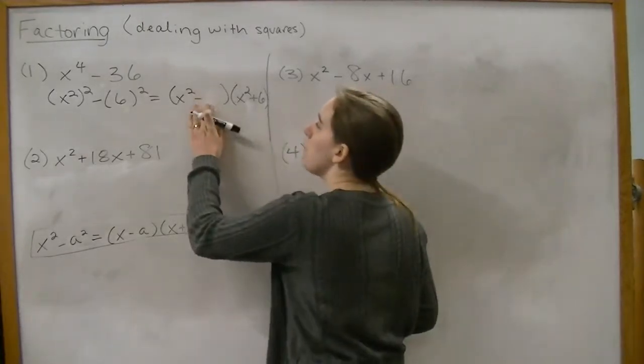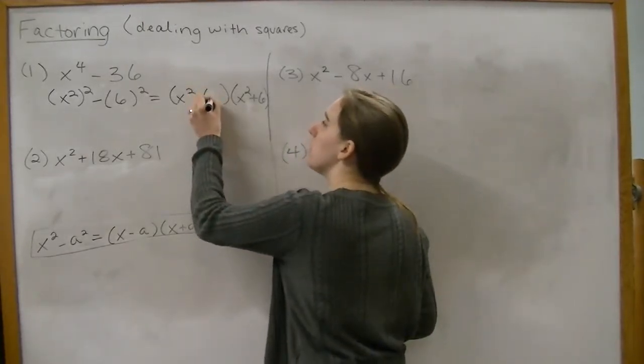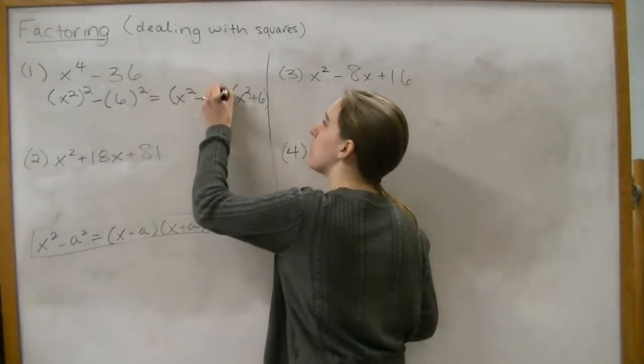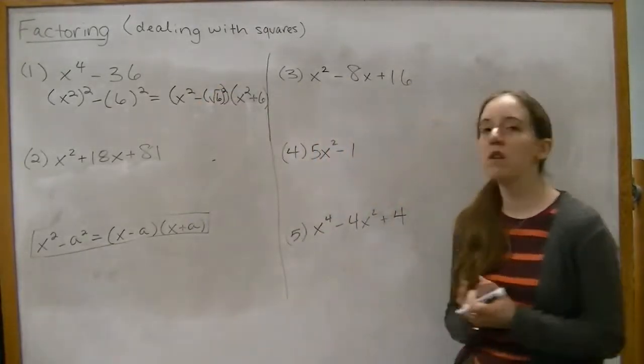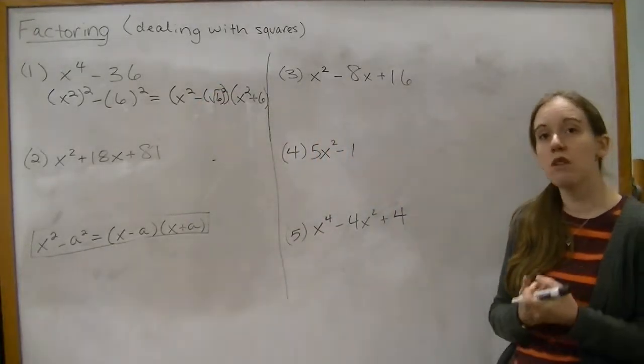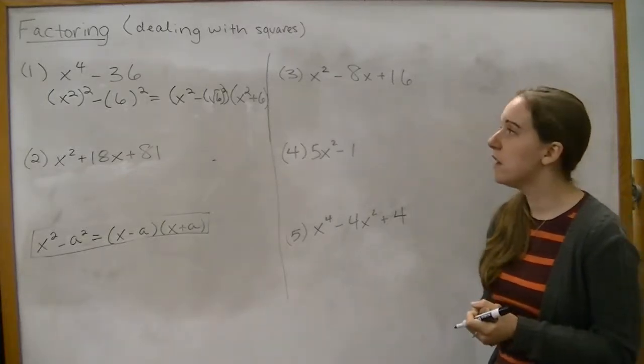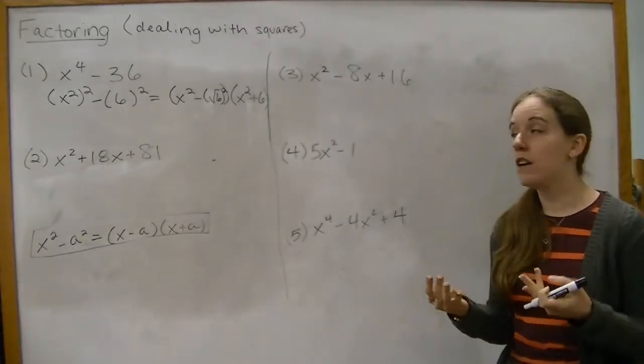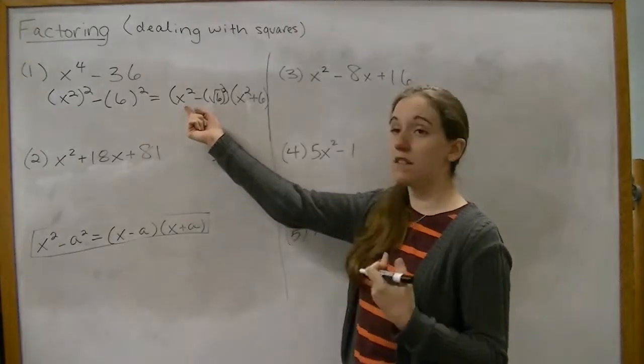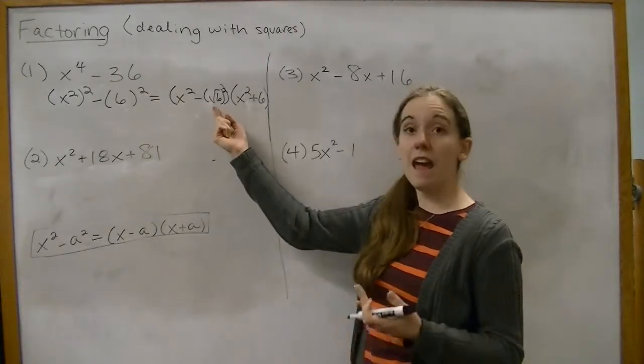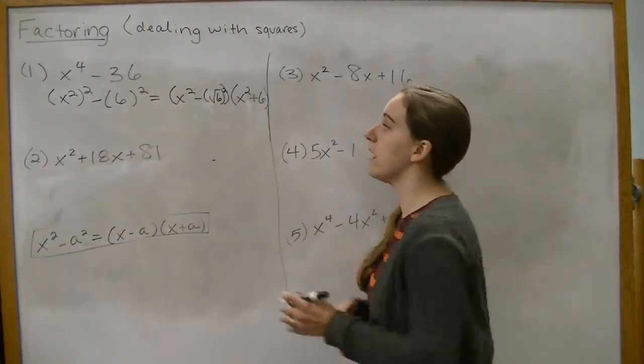But anytime we have a positive number, we can always think of it as the square root of itself squared. So we can rewrite 6 as the square root of 6 squared. So now we do have the difference of two squares. X is just x, and a is the square root of 6.